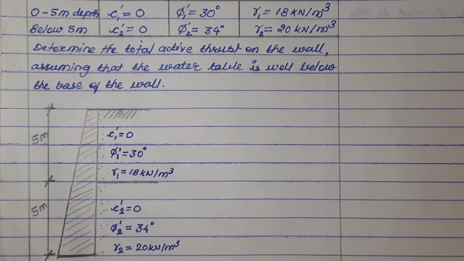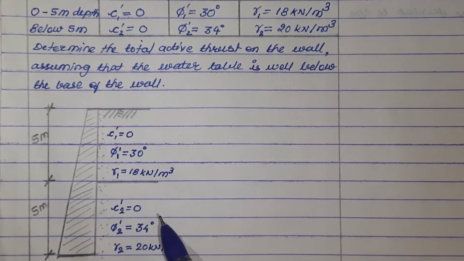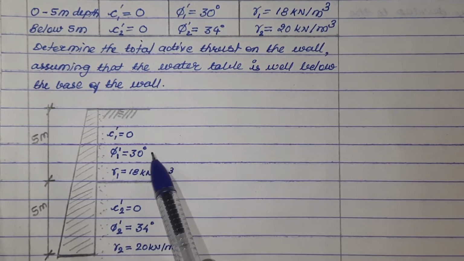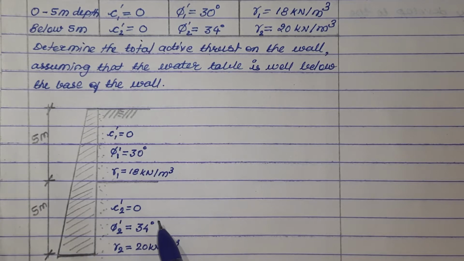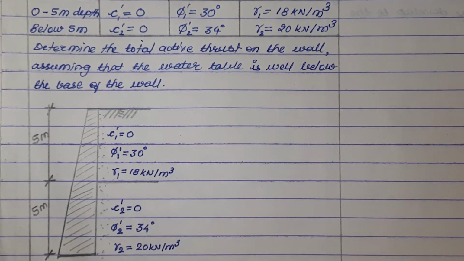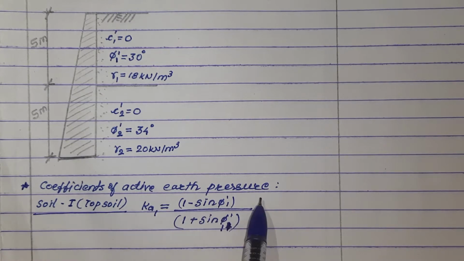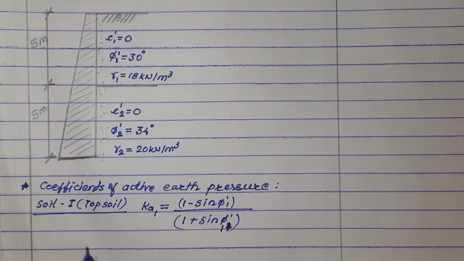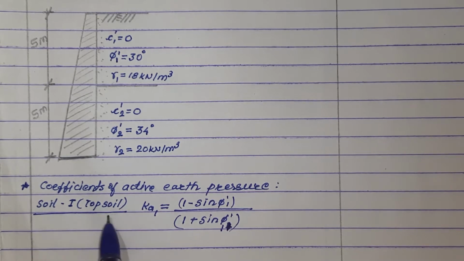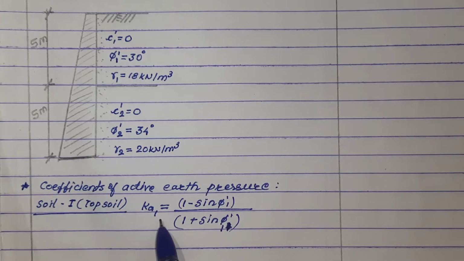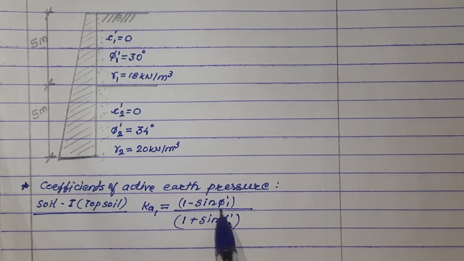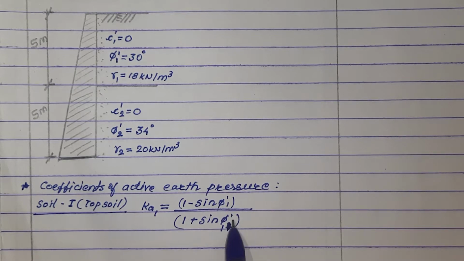Our next job is to find out the coefficients of active earth pressure for soil type 1 and soil type 2. Let us see for soil type 1, that is the top soil. Ka1 would be calculated as (1 minus sine phi dash 1) divided by (1 plus sine phi dash 1).